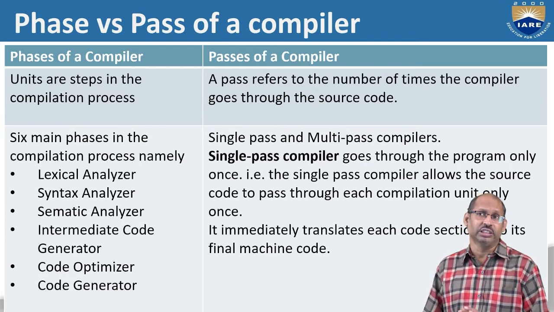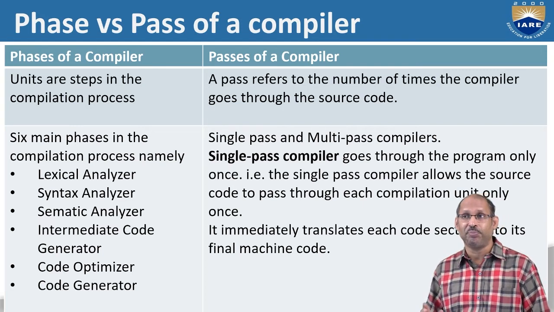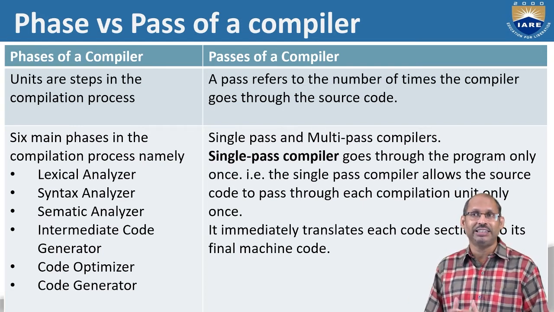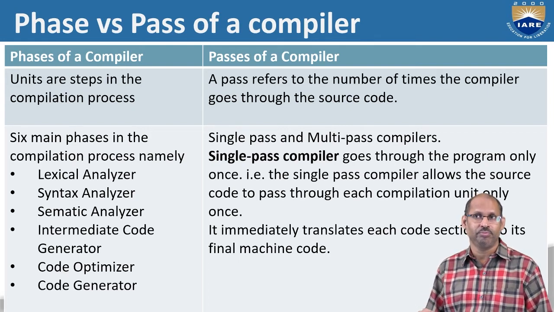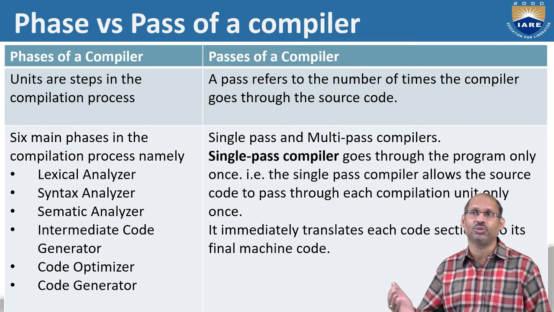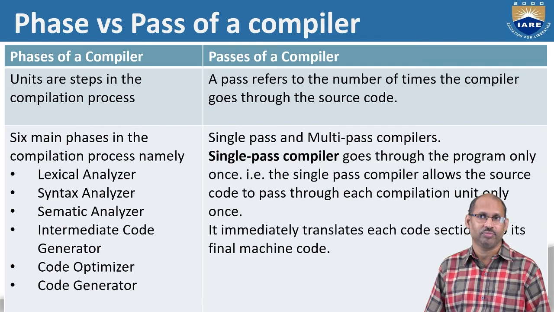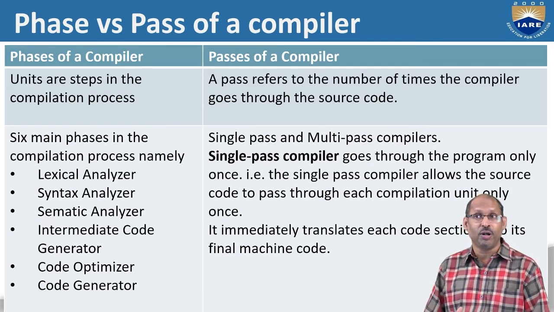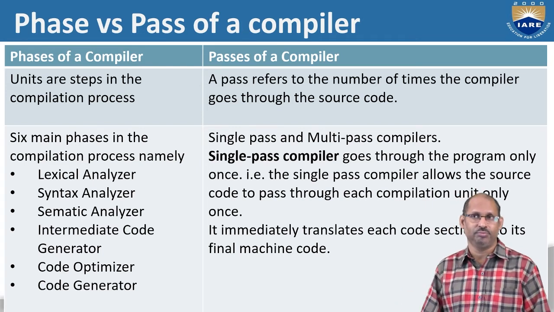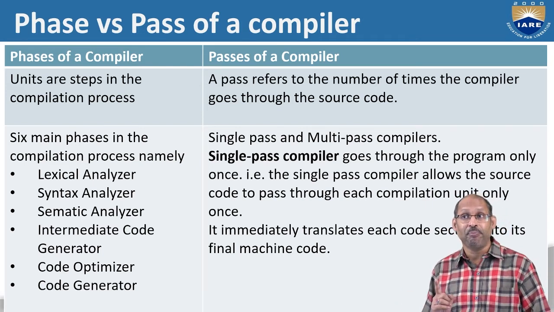Generally, we use the terms single-pass compiler and multi-pass compiler. What is meant by a single-pass compiler? A single-pass compiler converts to machine code in one scan of the source program, from first to last. It converts from the source form to the machine form in one complete scan.